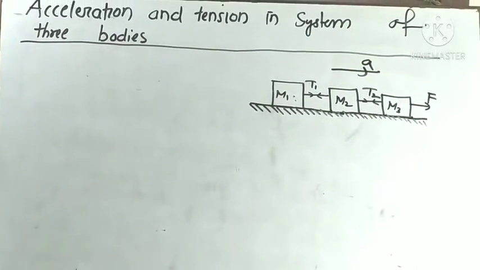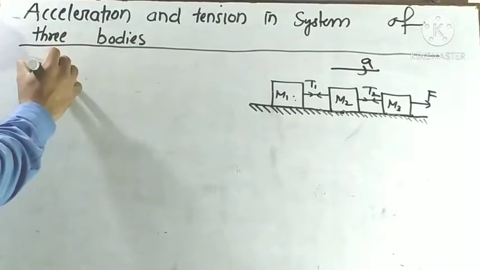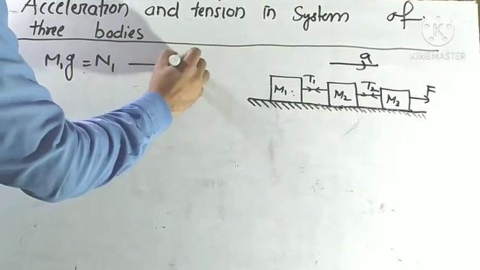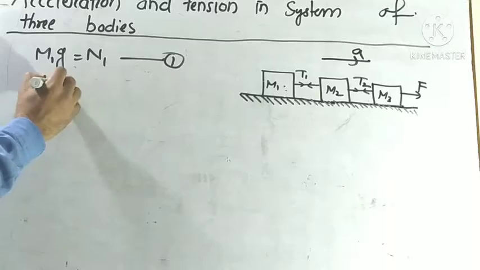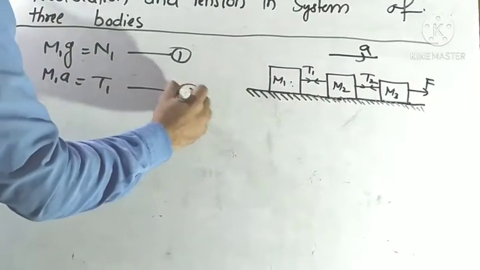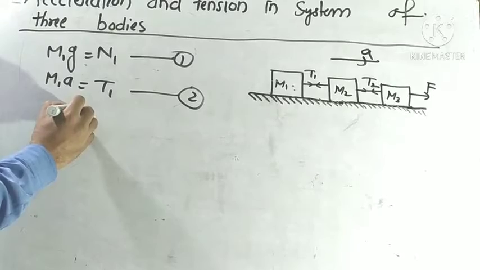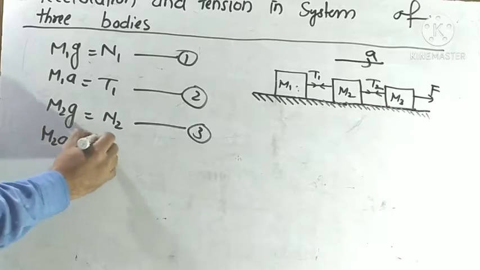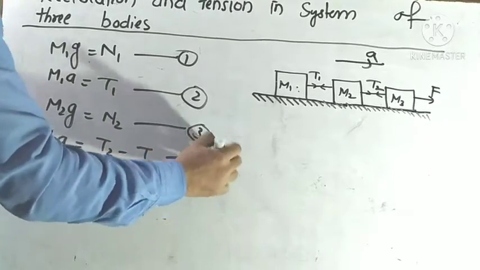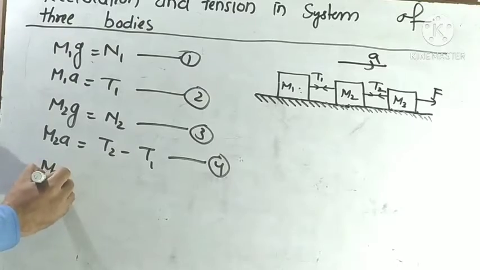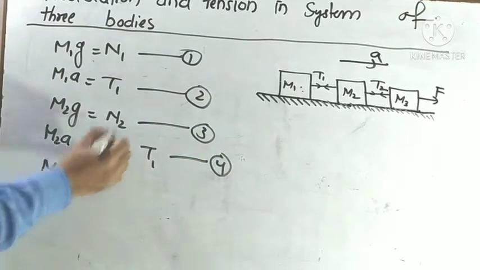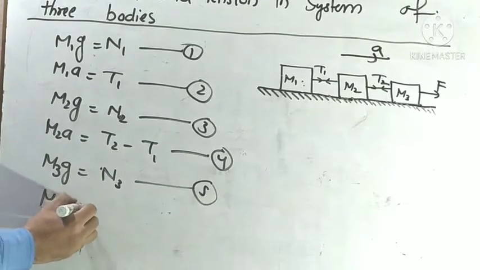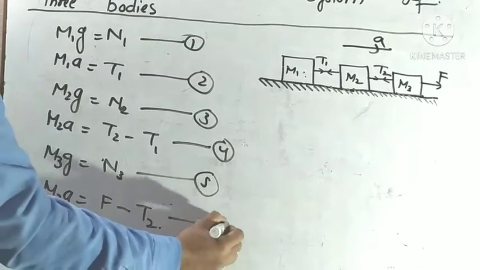Okay. So what do we do here? Firstly, we write all the equations. m1g is equal to N1, equation number 1, and m1a is equal to T1, equation number 2. m2g is equal to N2, equation number 3. m2a is equal to T2 minus T1, equation number 4, and m3g is equal to N2, N1 into N3, equation number 5, and m3a is equal to F minus T2, equation number 6.